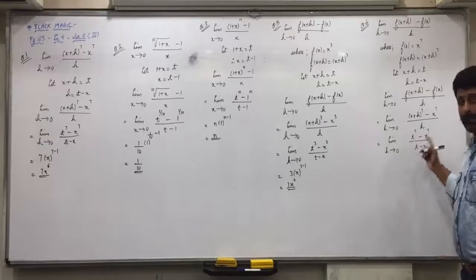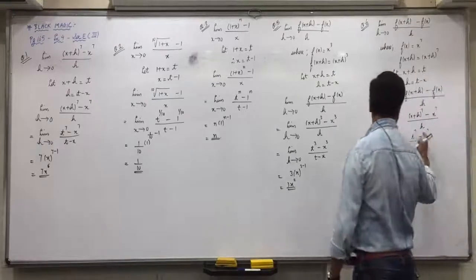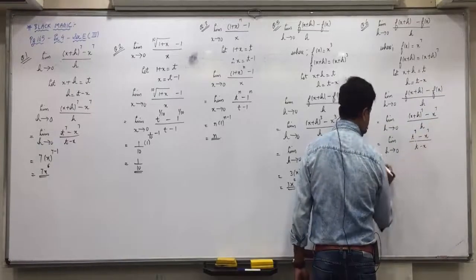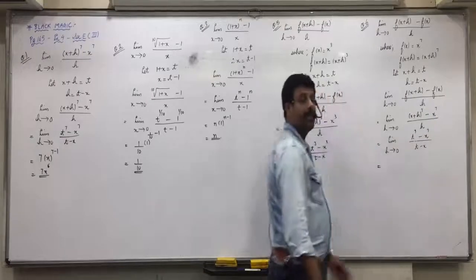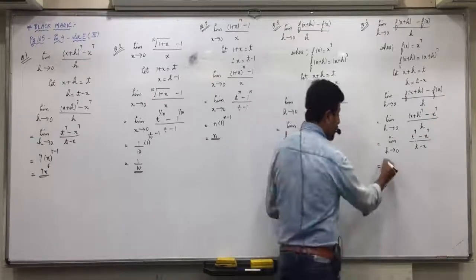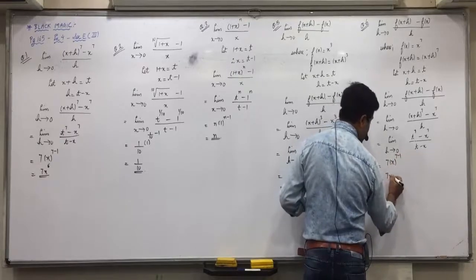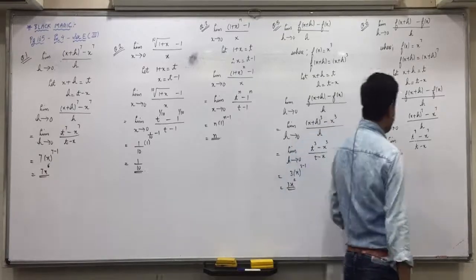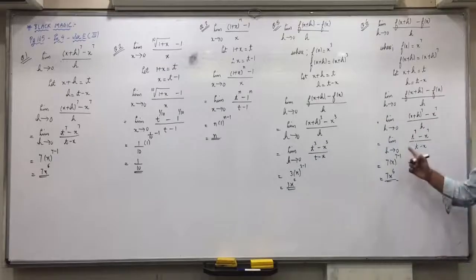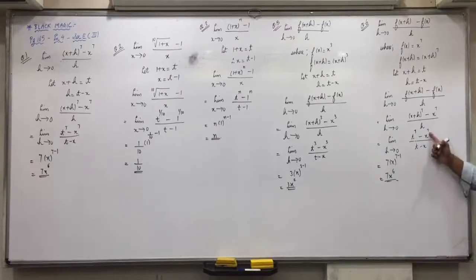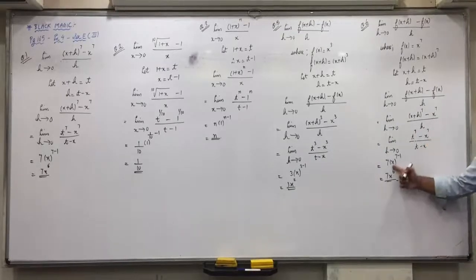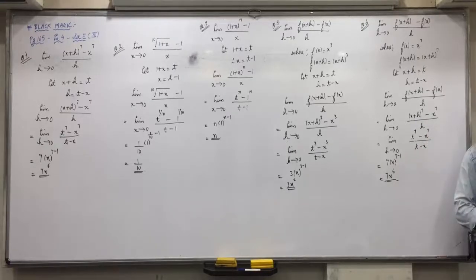Now it becomes the standard form x raised to n minus a raised to n upon x minus a. So 7 into x raised to 7 minus 1, so 7x raised to 6. The value of x is not given, h tends to 0 is given, but x is not given. So n is 7, a is x. Did you all understand this kind of questions, everyone?